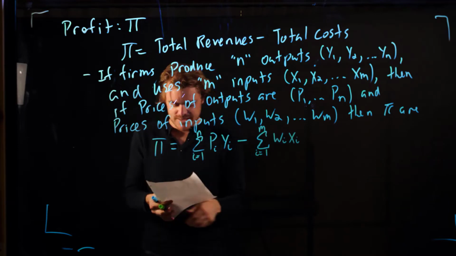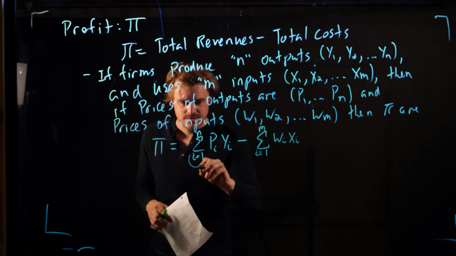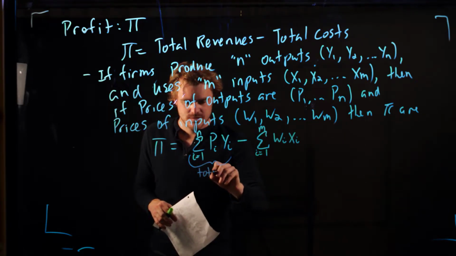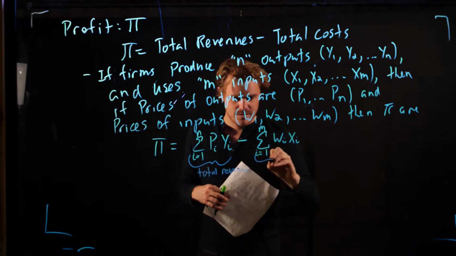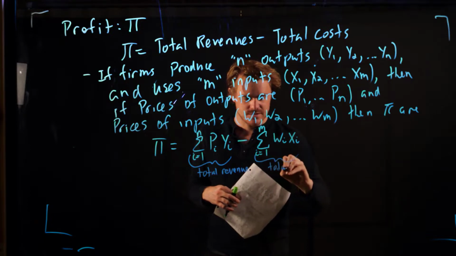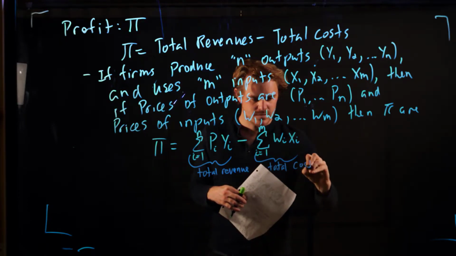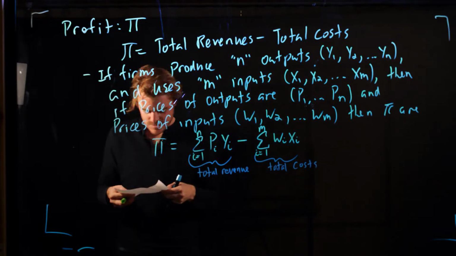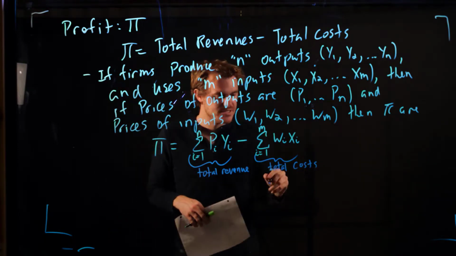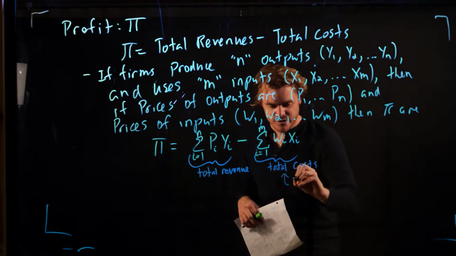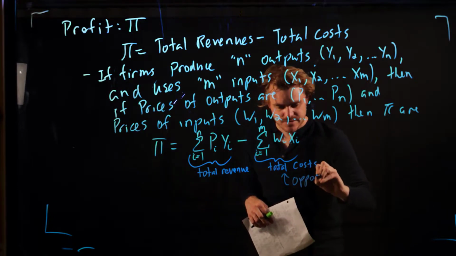So again, think of this as total revenue, and this is total costs. Now it's important we think of these costs, we're including all the costs. And so in total costs, we're including opportunity costs.